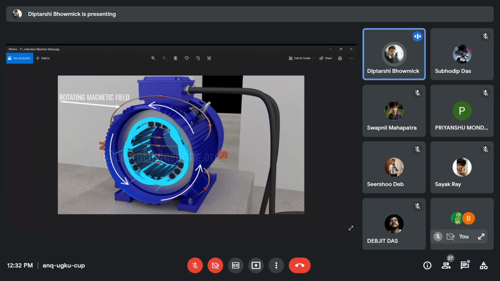So this displacement in time and space actually creates a magnetic field which rotates. Clear? It is not a static one, it rotates, and that is the rotating magnetic field.